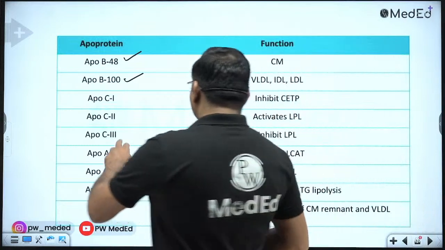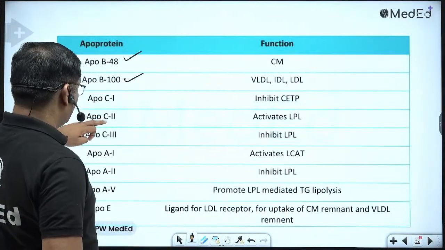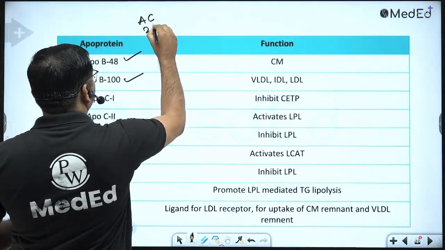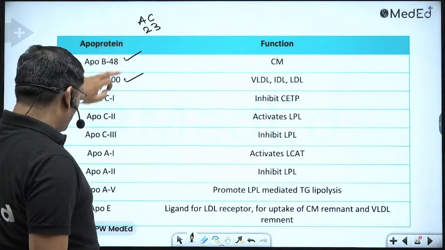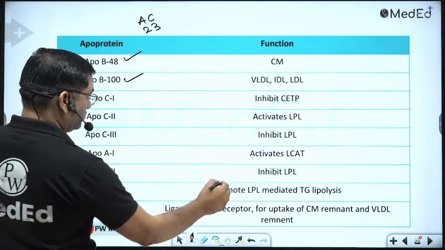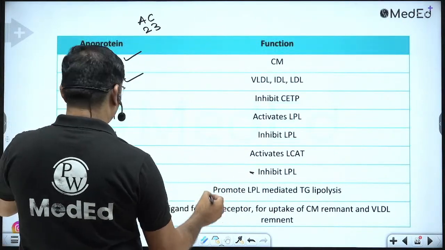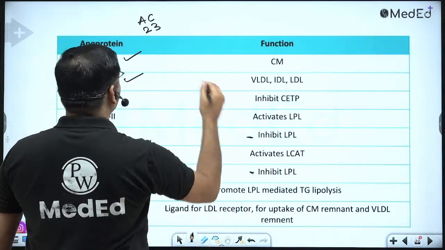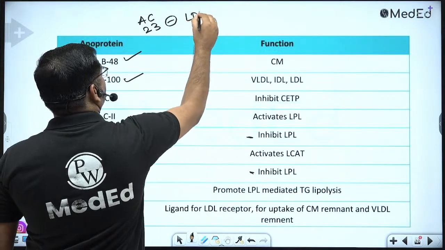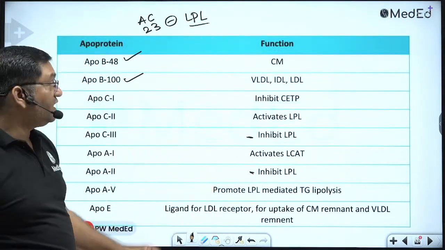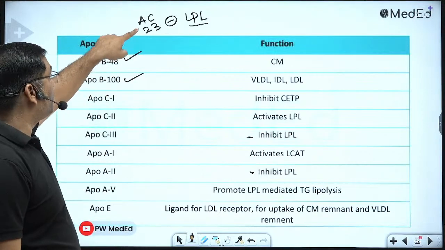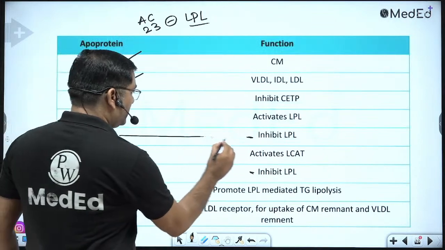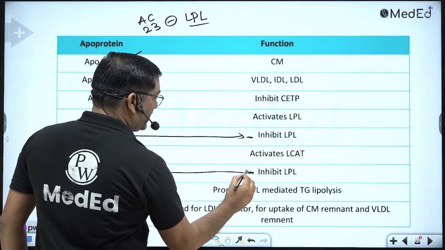Now remember, Apo A2 and C3 inhibit lipoprotein lipase.